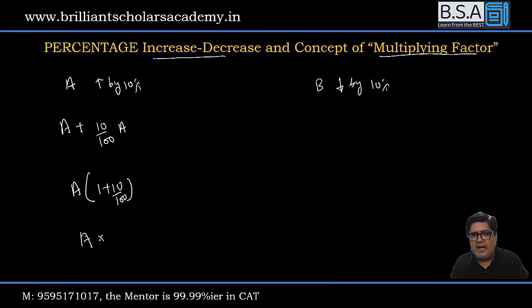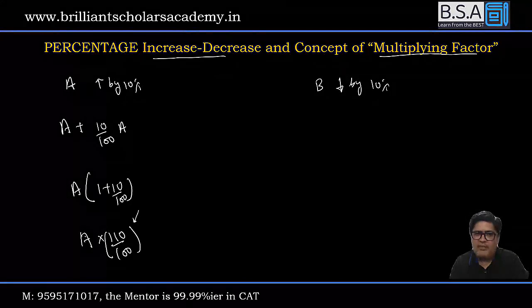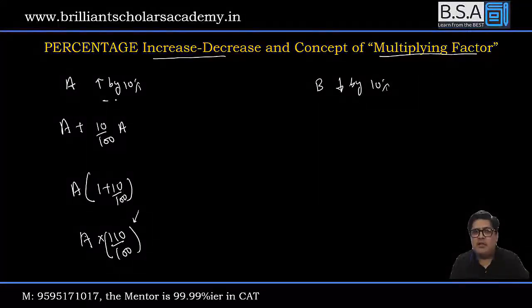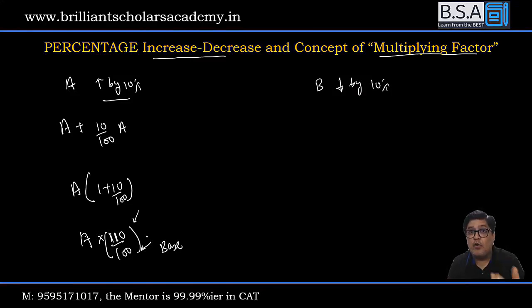So I want you to be able to reach this step without writing anything. I want percentage more. See, on the base of 100, I have more numbers. See, numerator is more than 100. How much more is it? It is 10 more. So you write anything more on the numerator, it increases the number.